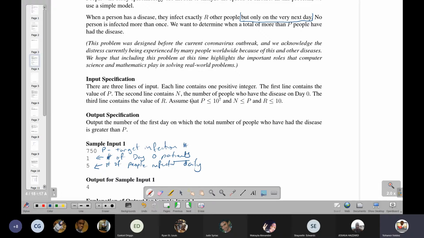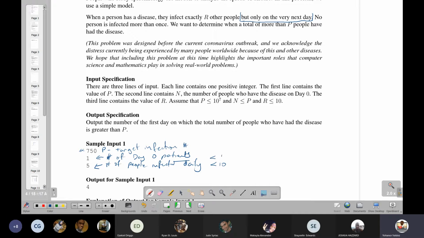And they say assume that N is less than or equal to P. N can't be more than that number, and R is less than 10. R represents the third line, and R means that no more than 10 people could get infected daily.